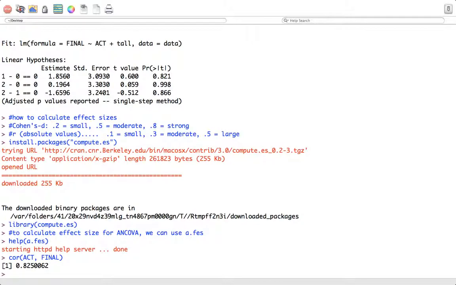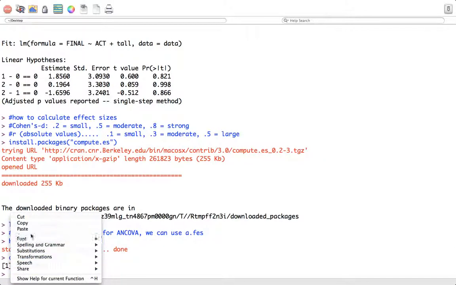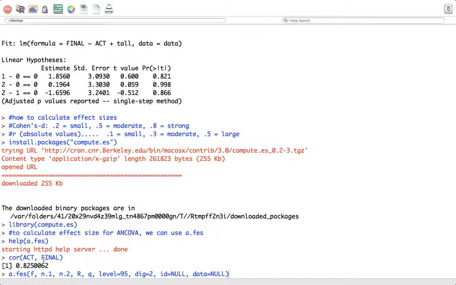So we've got a high correlation here, 0.83. Okay, so now let's come in with paste. Now, let's go back up. So we want the effect size for the covariate.